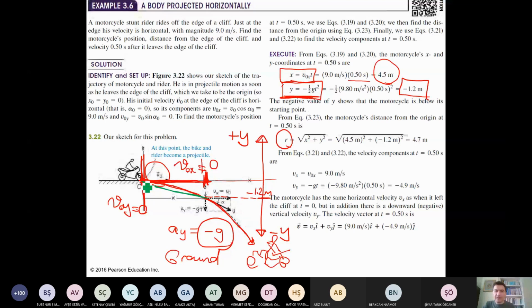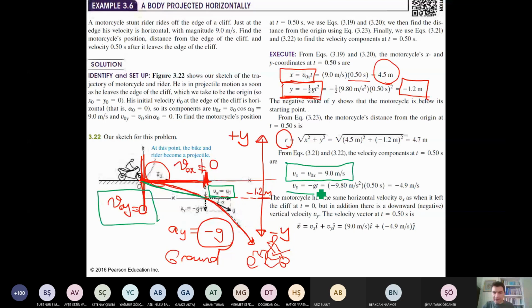And then what about the x velocity? X velocity is constant. So here we have Vx equal to V0, and Vy at the beginning was 0, but due to g, we will have this velocity. It is given by minus gt, and the result is negative.